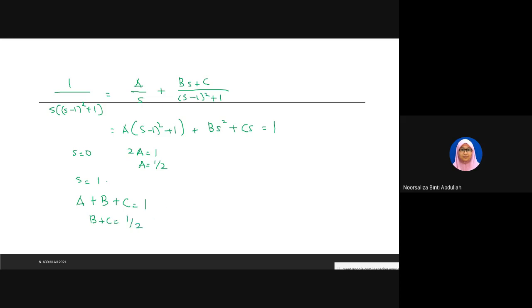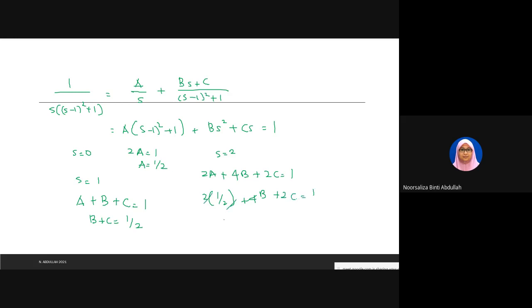If s equals to 2, so 2 minus 1 is 1 plus 1, so 2a plus 4b plus 2c equals to 1. A is 1 over 2, plus 4b plus 2c equals to 1.